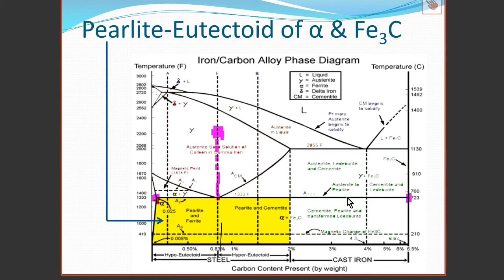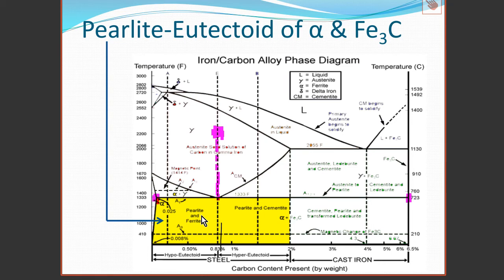We also get microconstituent just to the right of it, okay, but for steels, the yellow section is the important part of the phase diagram where the microconstituent is formed. So the microconstituent here is called pearlite.